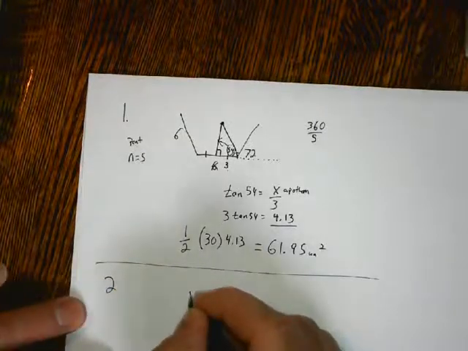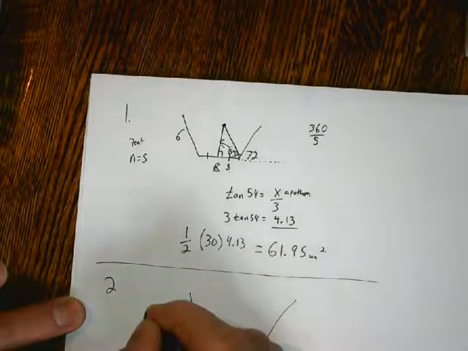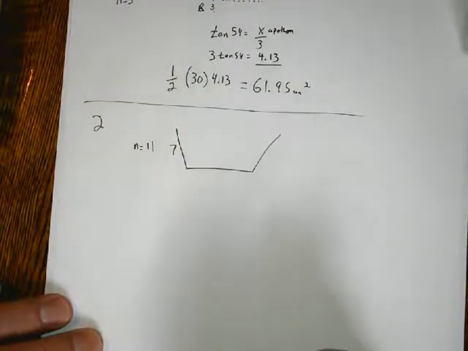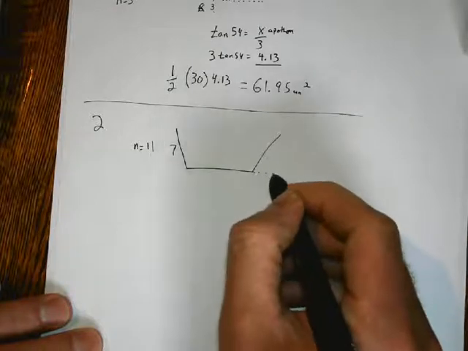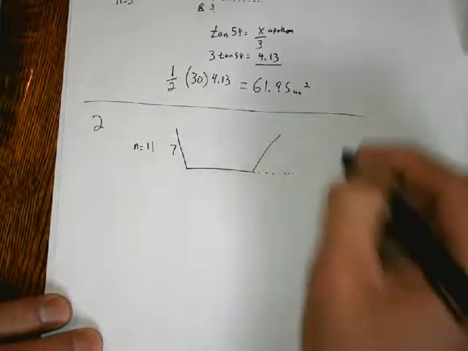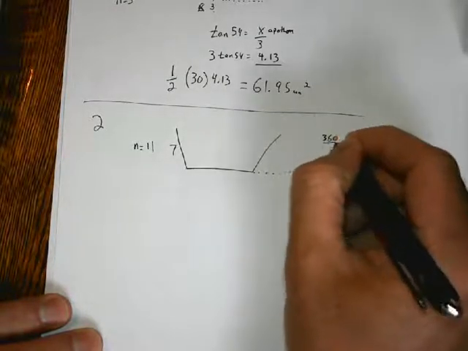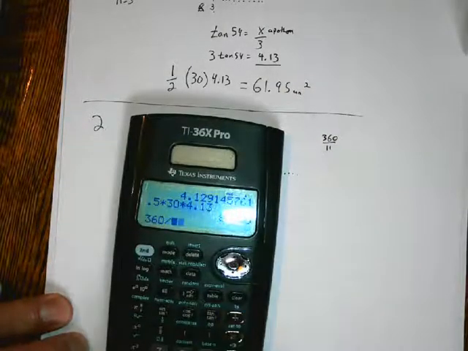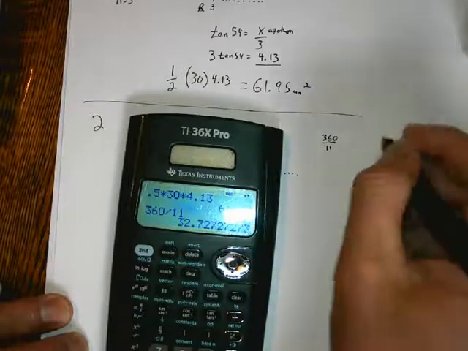The number of sides here was 11. It was an 11-gon. And each side length was 7. So we work with our exterior angle to start with. Take 360 divided by 11. And that gives us 32.72.